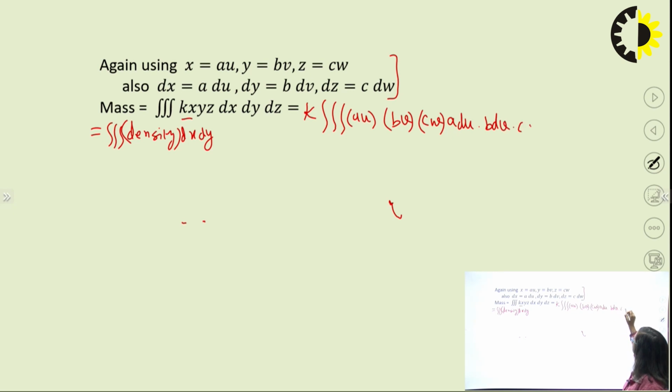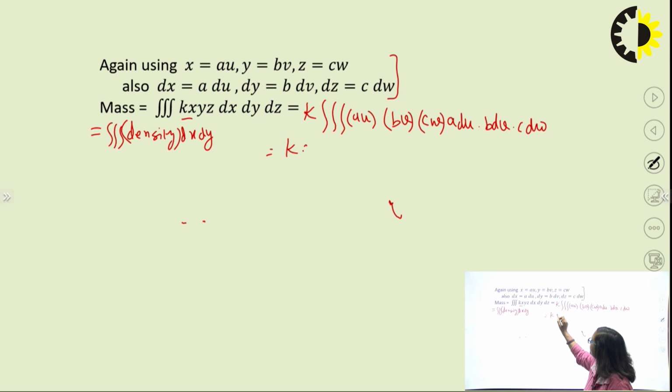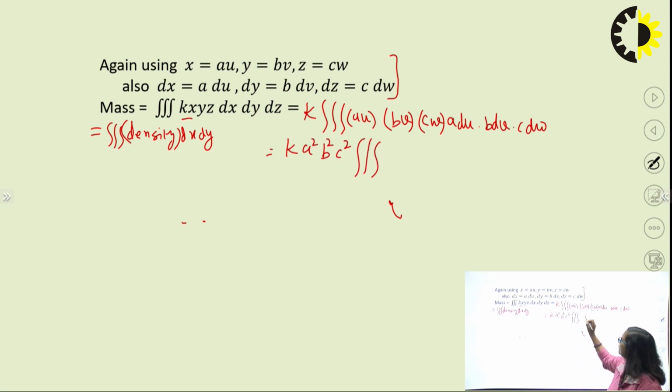And dz is c into dw. So we have replaced each and every value x, y, z in terms of u, v, w. Now combining the constants, it's a, b, c, and this is also a, b, c, which will give you the value a square, b square, c square. Taking that outside the integral, I can write this as k a square b square c square, and this is the triple integral. What we are left with is u into v into w into du, dv, dw.